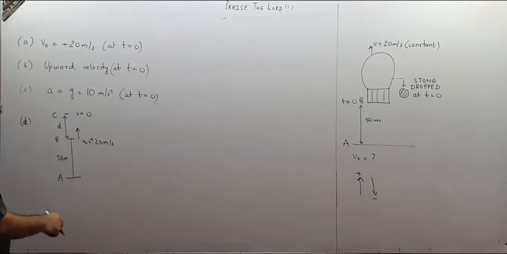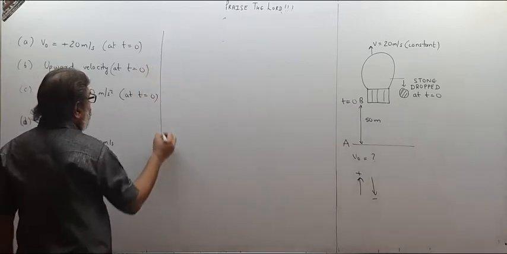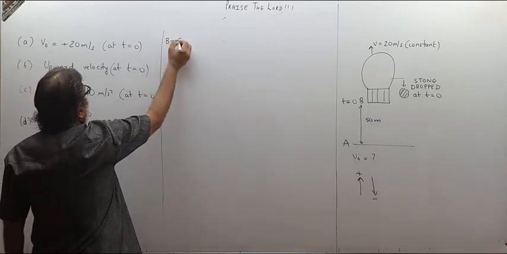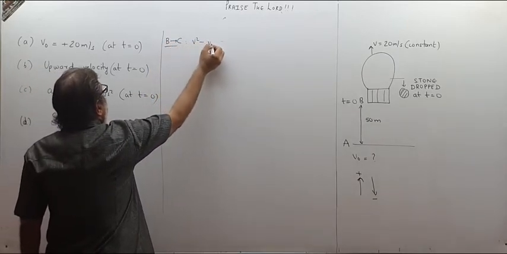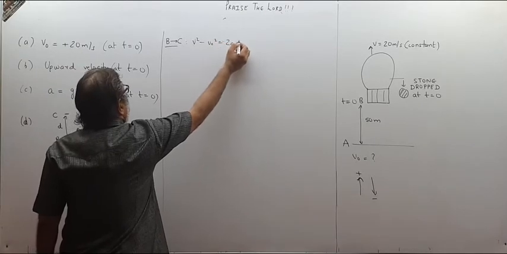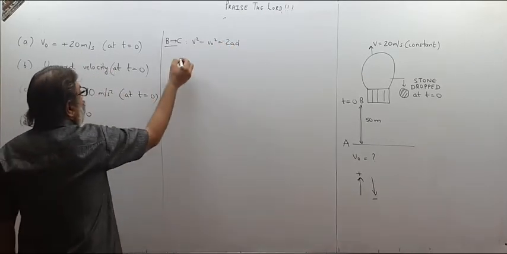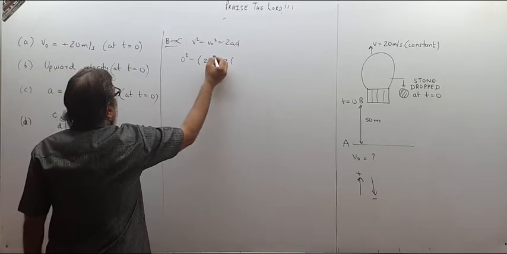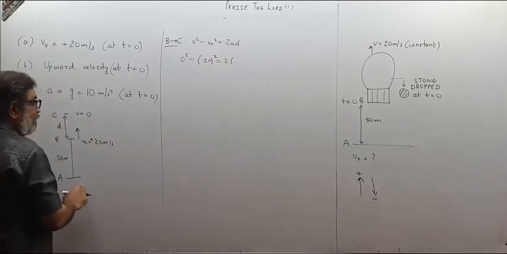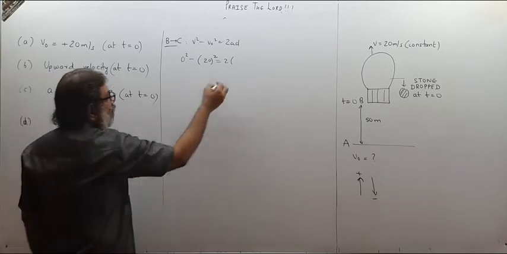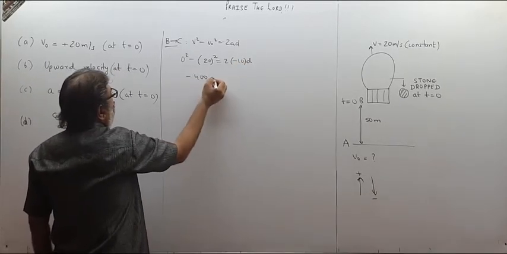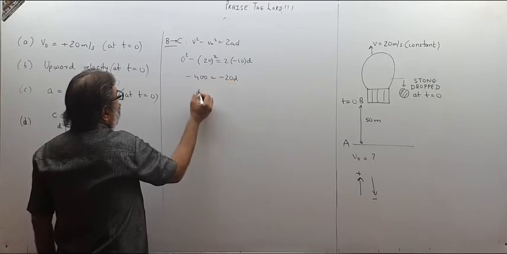So we have to find d plus 50 from the ground. Let us go from B to C, children, like yesterday. From B to C I go. V square minus V0 square is 2ad. V square is 0 square minus 20 square. Acceleration will be downwards, minus g, so minus 10, and displacement d. So minus 400 equal to minus 20d.